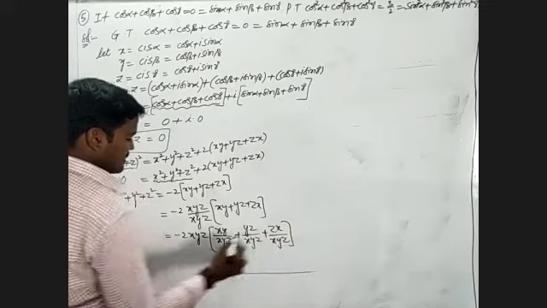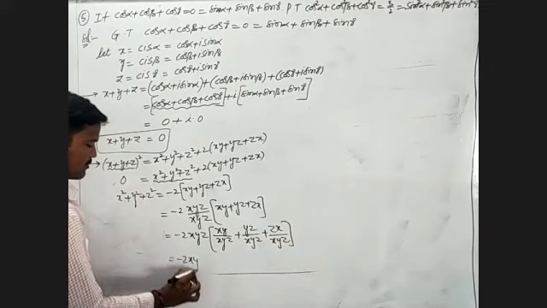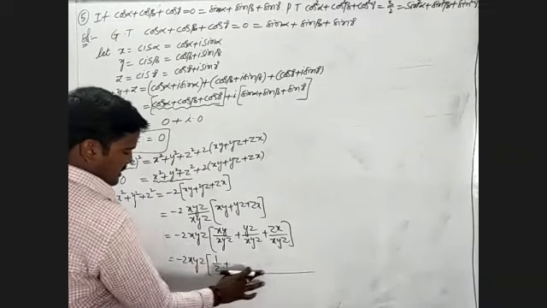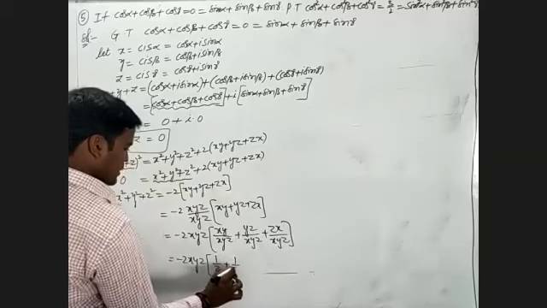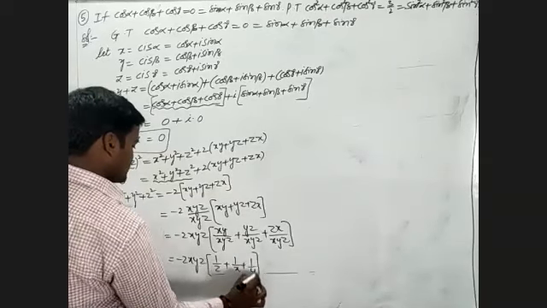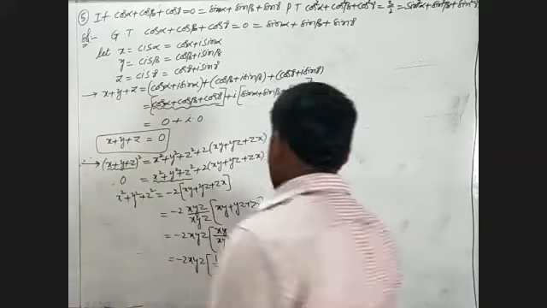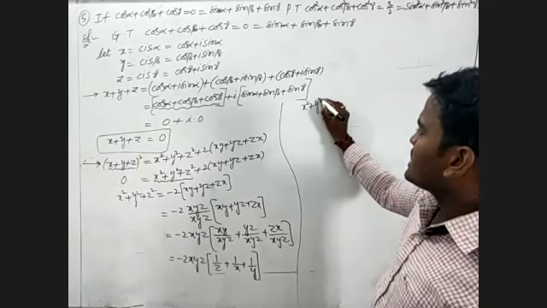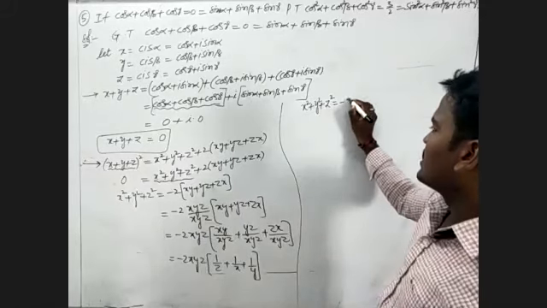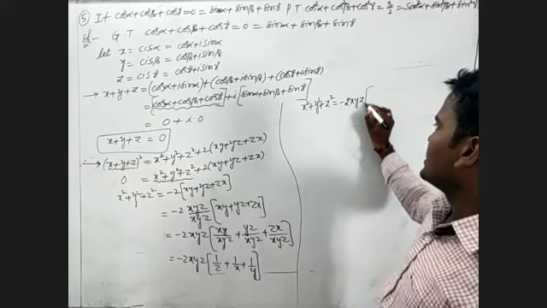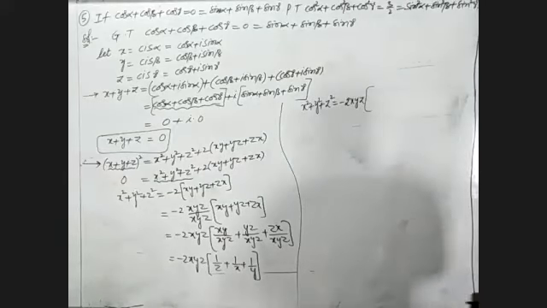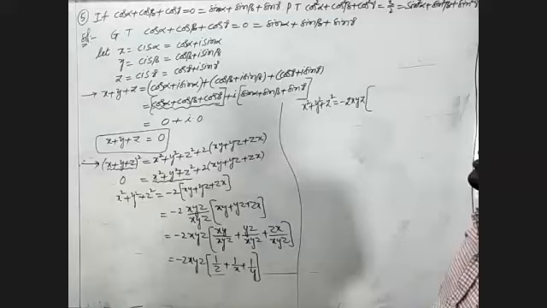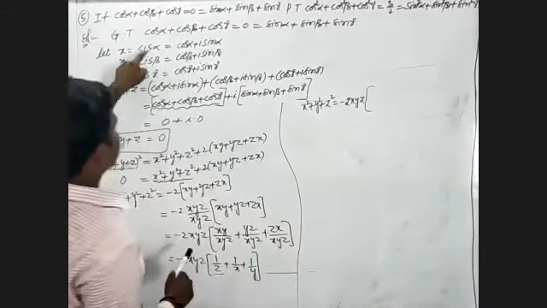The remaining terms are: minus 2 xyz into, here one is 1 by z, one is 1 by x, and the other is 1 by y. Expanding this, x square + y square + z square = minus 2 xyz into (1 by x + 1 by y + 1 by z).